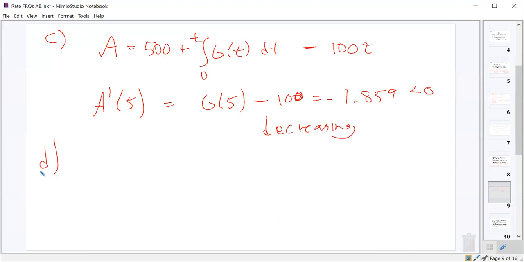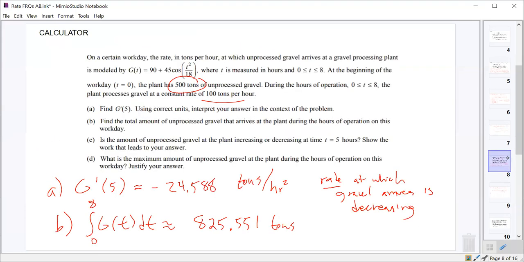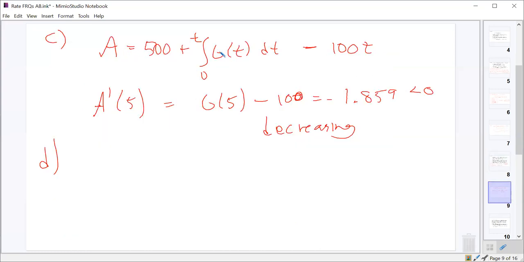Then for part D, it says, what is the maximum amount of unprocessed gravel at the plant during the hours of operation? So we want to know, when is this function at a max? Well, we take its derivative. The derivative is G of t minus 100 and set that equal to 0. Just like we did with the rain problem in the previous one. Set the rate equal to 0. And what t value did that give us?